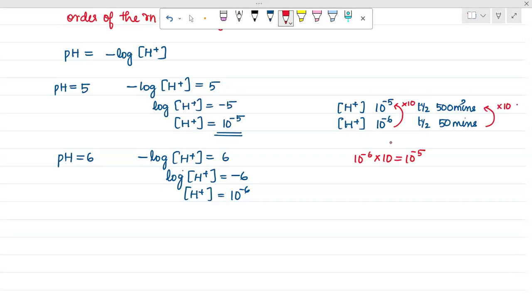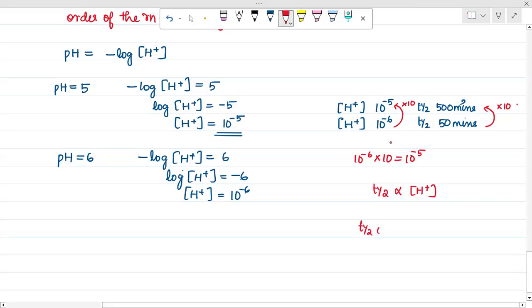Correct? So T half is directly proportional to the concentration of H plus. Now, which order reaction has an equation where T half is directly proportional? We know that T half for a zero order reaction is A0 by 2K, where T half is directly proportional to the concentration of whatever reactant it is.